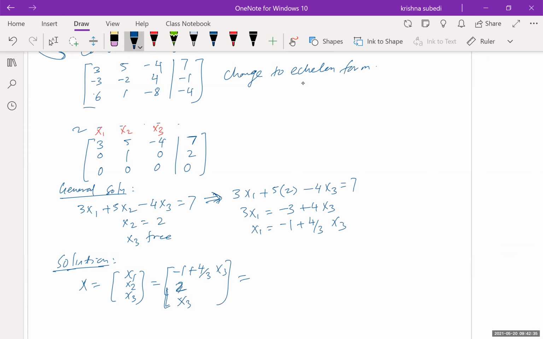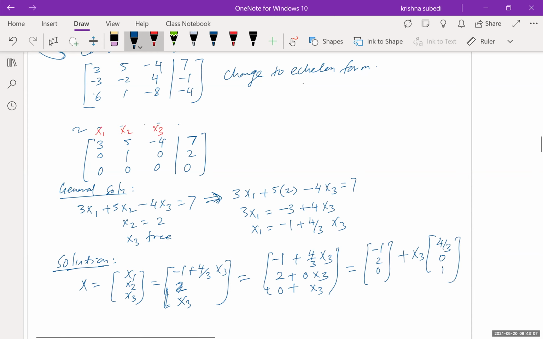So you can write this as -1 plus 4 over 3 x3. You can write this as 2 plus 0 x3, and this one is 0 plus x3, right? We can write it that way. So if you split them, you're going to get -1, 2, 0 plus x3 times 4 over 3, 0 and 1.